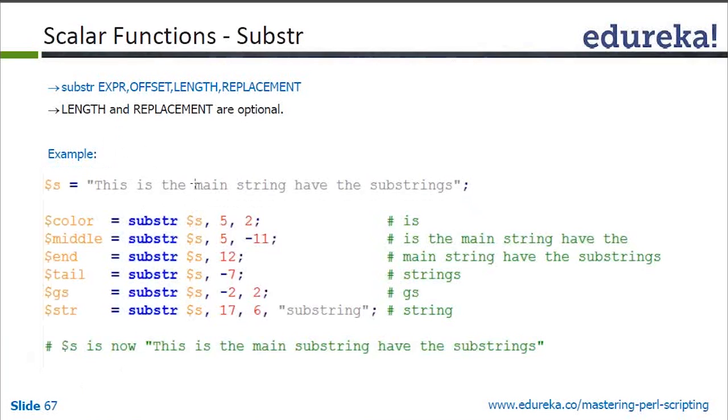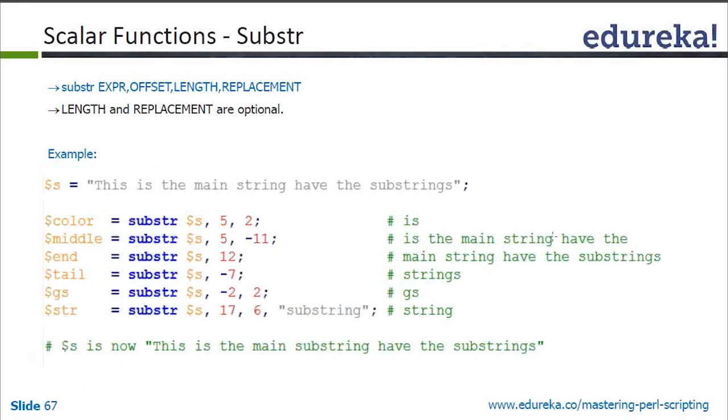Similarly, you can also do $middle equals substr($s, 5, -11). So you can see here that you are getting from 5 with a length of -11. This is substring with offset and length.